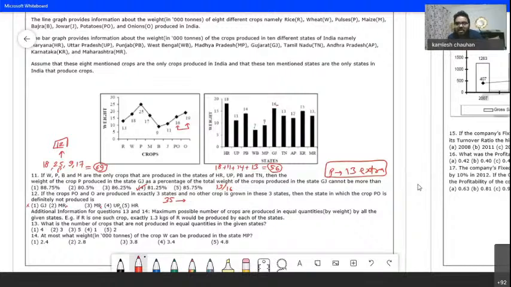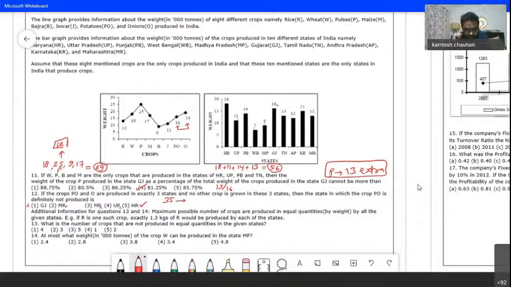With 18 we cannot get any possibility because 18 plus 7 plus 9 is total 34. If we change any of the values, we cannot get any substitution. So the answer is HR. With HR, we cannot get a sum of 3 states which will give us 35. So this is a hit and trial checking we have to do.